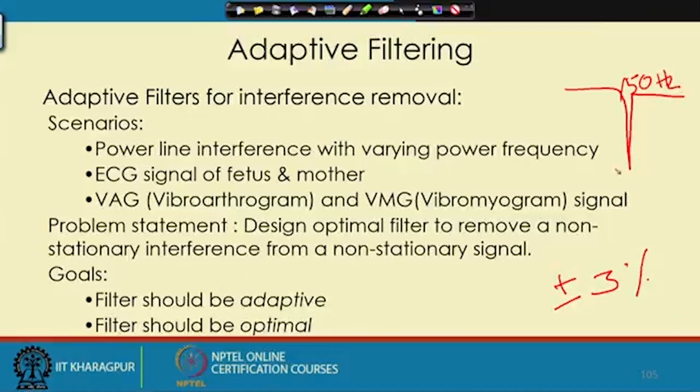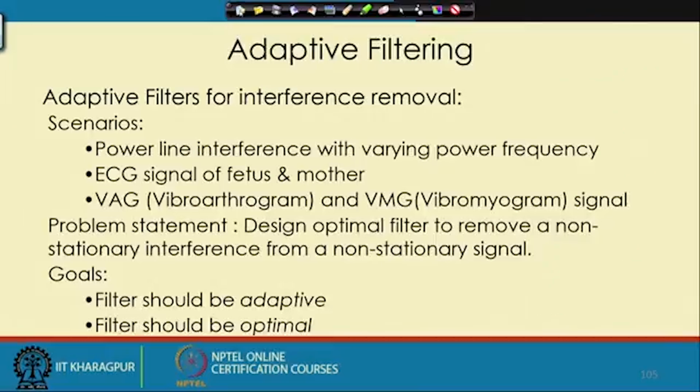Now, as the power frequency is changing, the interference from the power frequency will also change its position and the notch filter will not be effective anymore. So, what to do in this scenario? The optimal filtering or the notch filtering cannot take care of this scenario, which is one example of why adaptive filtering is required.